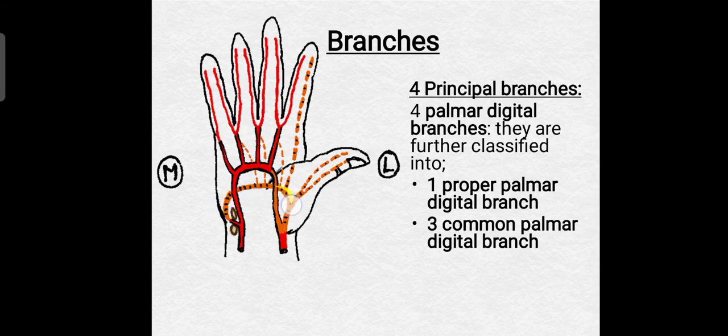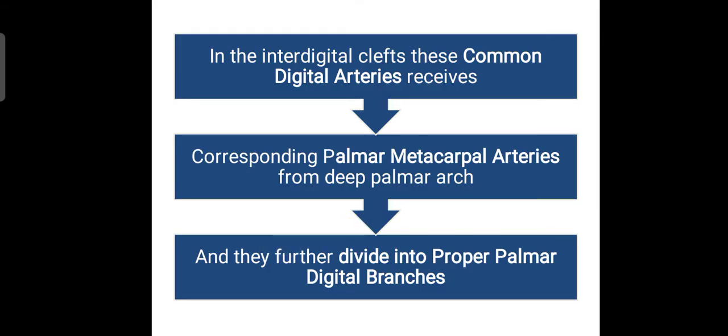That is nothing but the deep palmar arch that we will be discussing later, and you can see there are three branches which is represented by the dotted lines joining with the common palmar digital branches here. So we will discuss about that. So the corresponding palmar metacarpal arteries from the deep palmar arch will be joining the common digital arteries, and they finally further divide into proper palmar digital branches.